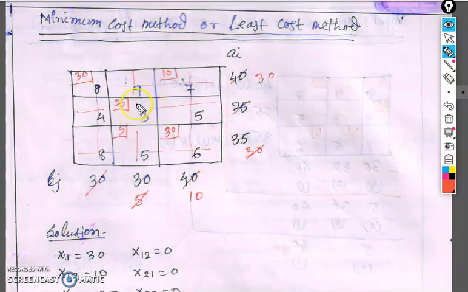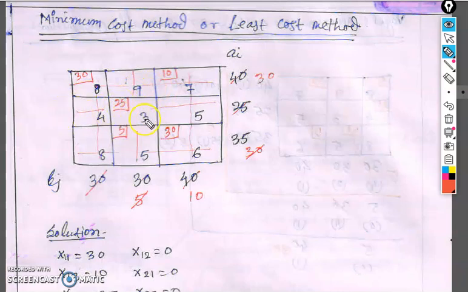So this cell represents the intersecting position, where the second factory will supply to the second destination point. Okay, clear? Because, again we repeat, this is the least cost according to the total table. So your problem should start from here.